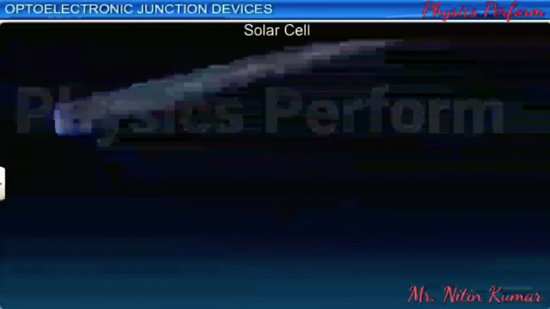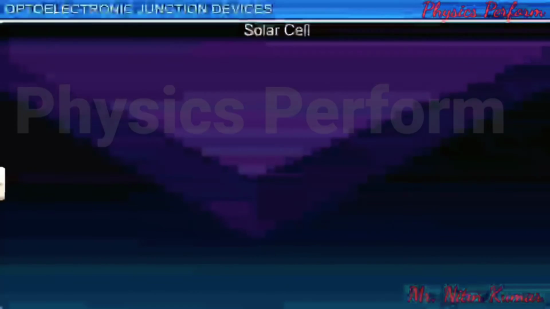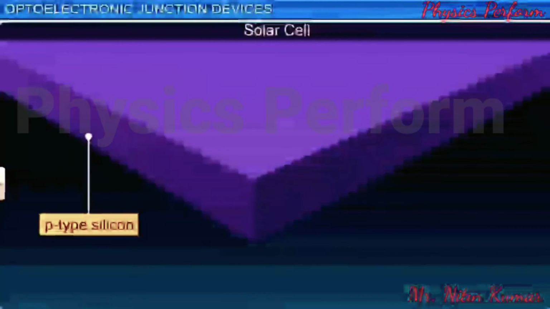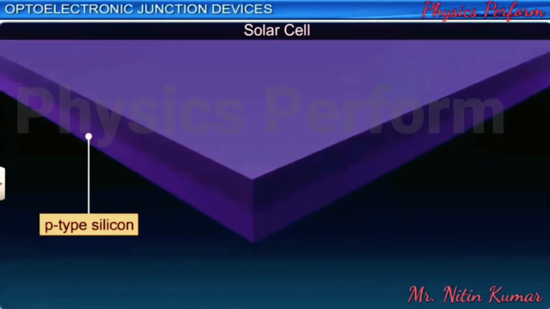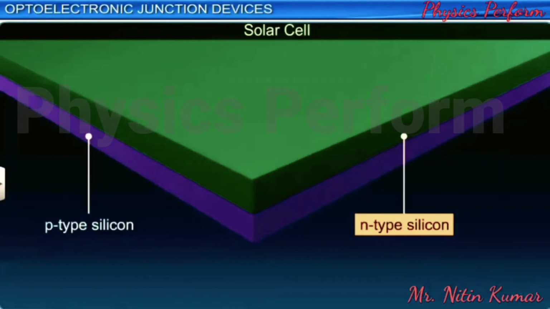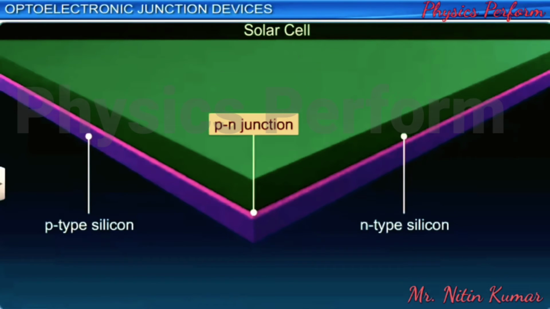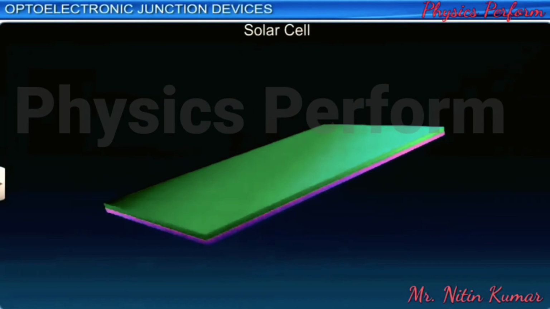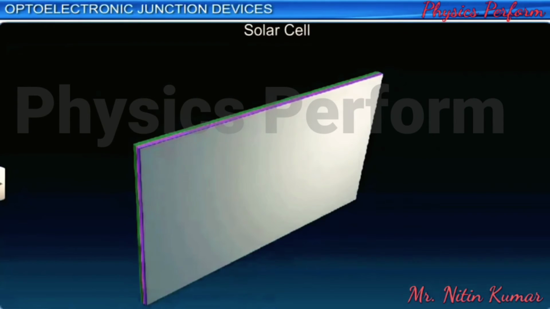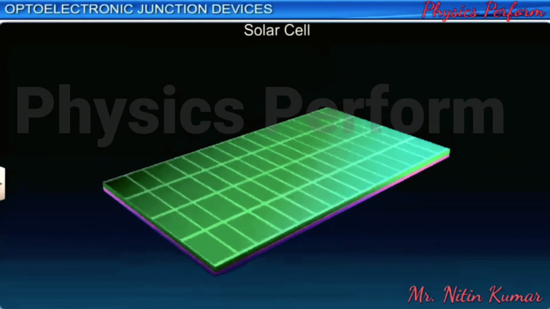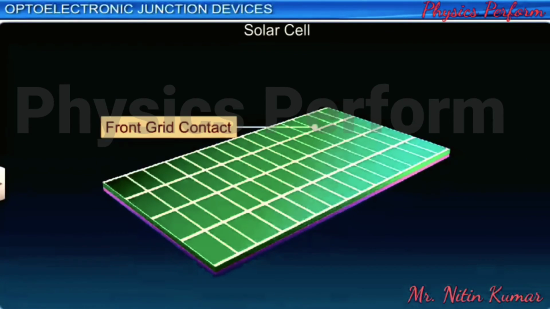A solar cell consists of a thin, flat wafer of P-type semiconductor, on which a very thin layer of N-type semiconductor is grown to create a PN junction with a large surface area. The back of the P side is coated with a metal to form a metallic back contact. The top of the N side is provided with a metallic grid contact that covers only a small percentage of the total exposed area of the cell.